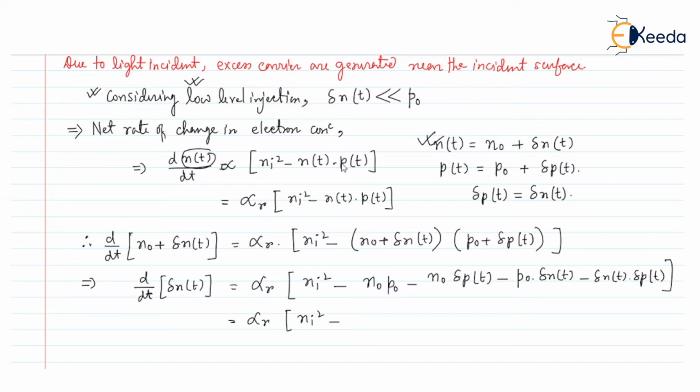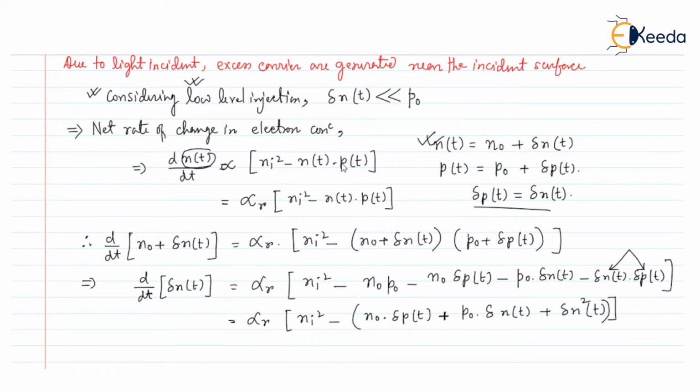So we can write it as n0 δp(t), or we can say δn(t) δp(t), plus p0 δn(t) plus δn²(t), because δn(t) and δp(t) are of the same value.